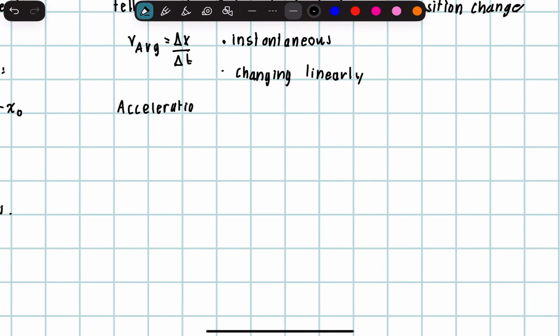Now, acceleration, it tells you how velocity changes. And this is represented as a is equal to delta v over delta t.